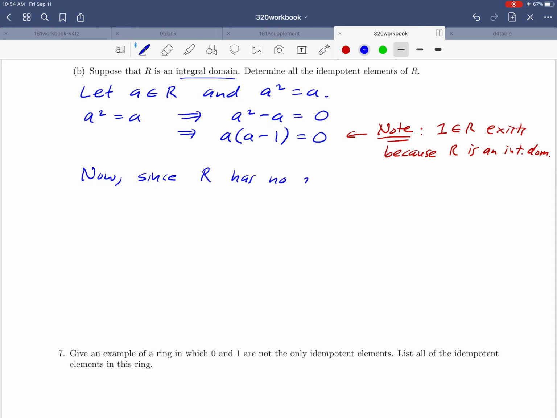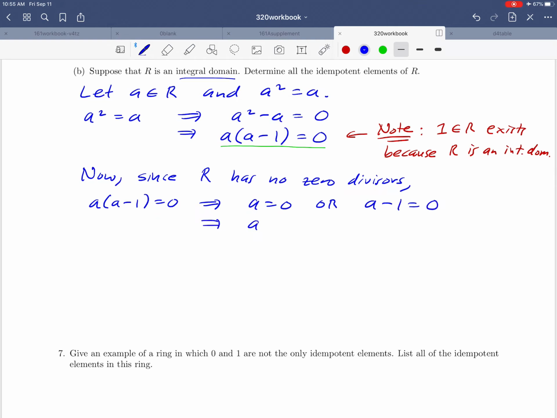So since R has no zero divisors, we know that when we have a statement like this, two things multiplied together that give us 0, it's not possible for both of those numbers, A and A minus 1, to be non-zero. At least one of them has to be 0. Otherwise, we'd have zero divisors. So the fact that A times (A minus 1) equals 0 does imply that either A equals 0 or A minus 1 equals 0.